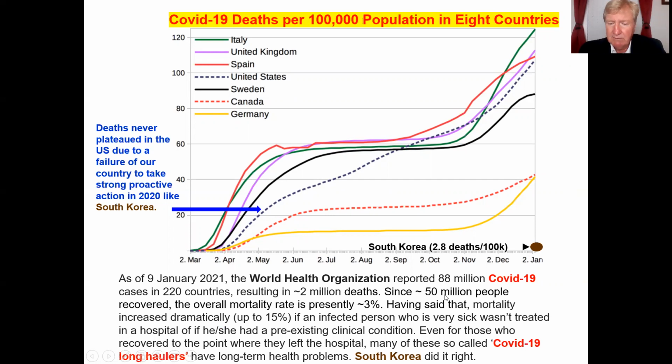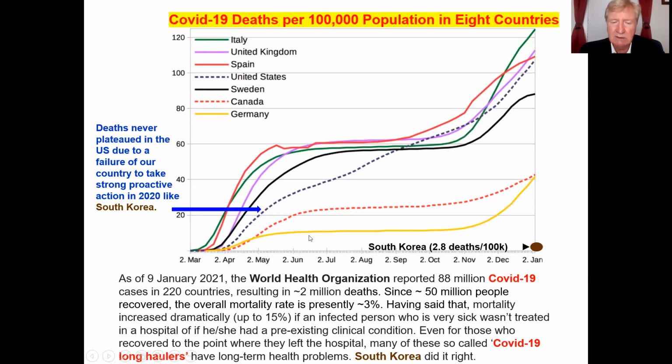Since about 50 million people recovered, to some extent anyway, the overall mortality rate is presently about 3%. Now, having said that, mortality increases dramatically up to 15% if an infected person who is very sick wasn't treated in the hospital. And that indeed occurred in Italy and Spain.